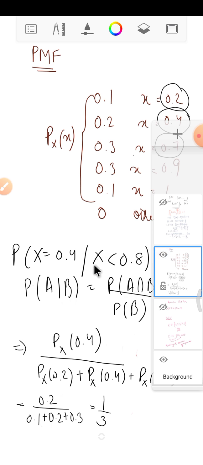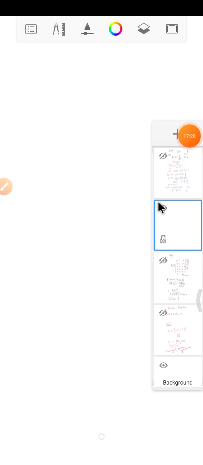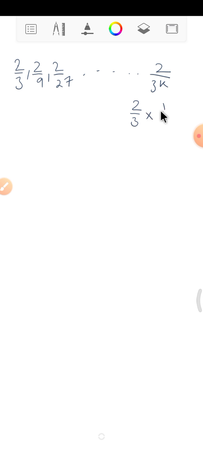For a GP like 2 by 3, 2 by 9, 2 by 27 up to 2 by 3^k, we will write the last term as 2 by 3 into (1/3)^(k minus 1) to get a better understanding of the last term, and our first term is 2 by 3 obviously.